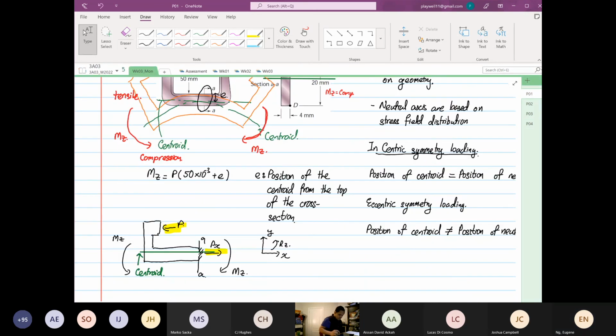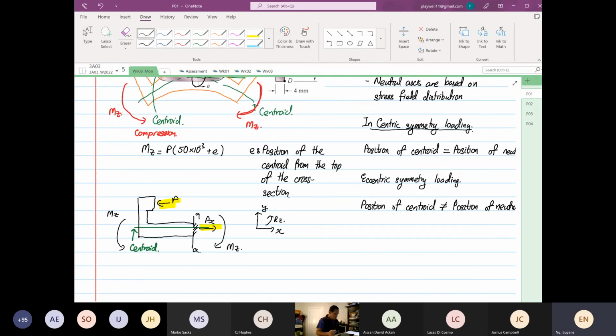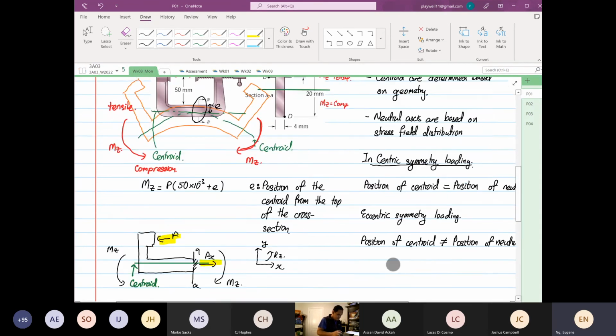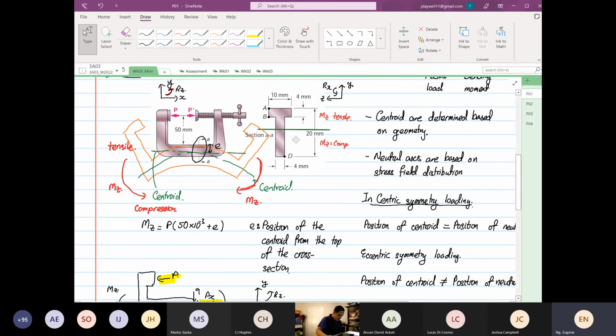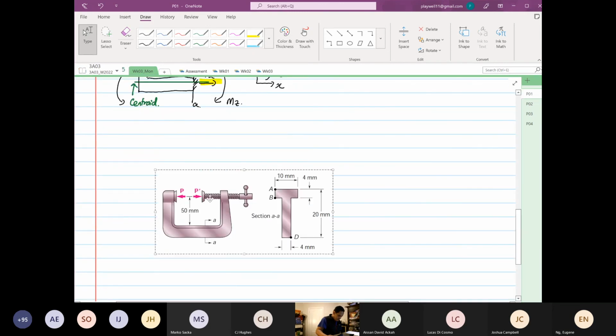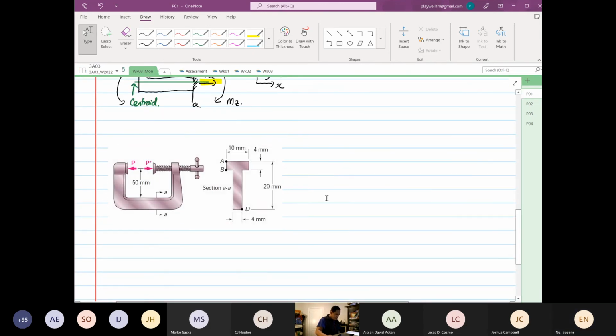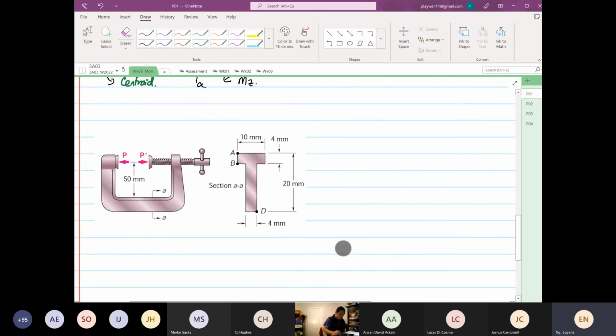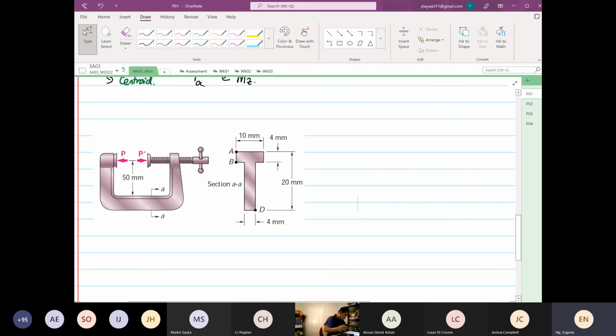From here, I'm not going to find the centroid for you. You guys know how to find the centroid. But one thing I want to highlight is this. For this problem, I'll write down what the centroid is, but as I said, we will not determine it.